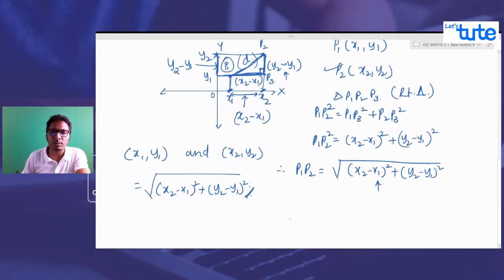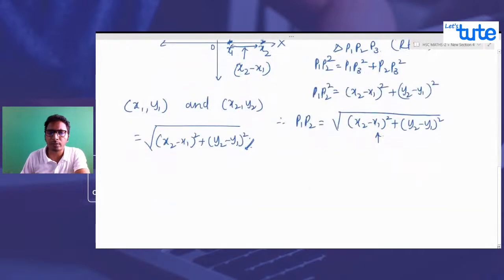Okay, so let's solve some examples over here. Let us say there are two points, 1 comma 2 and 3 comma 4. Let us consider this point as x1 comma y1. Let us take this point as x2 comma y2, and we want the distance between these two points.